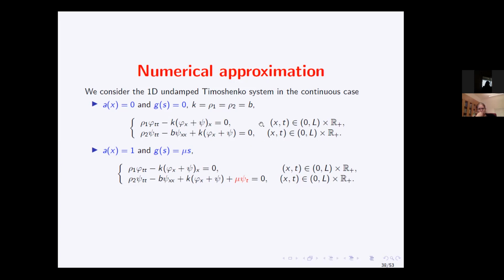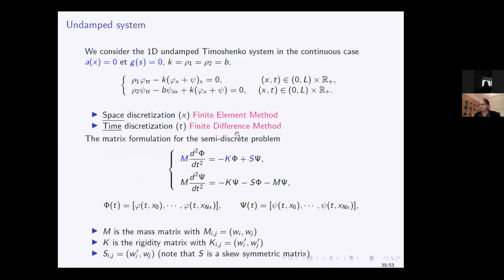That means we assume that we have this conservative system, and later on we put a nonlinear term in the second equation in order to see the behavior of the energy. To do that, we need the full discretization of the system. So we used the finite element method for the space discretization, and the finite difference method for the time discretization. Our system will be written as follows.